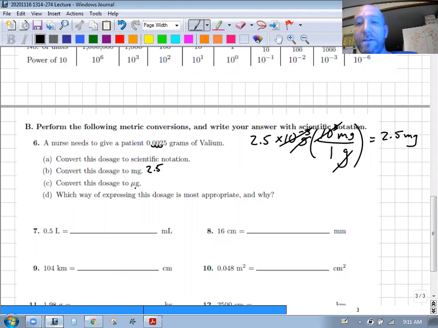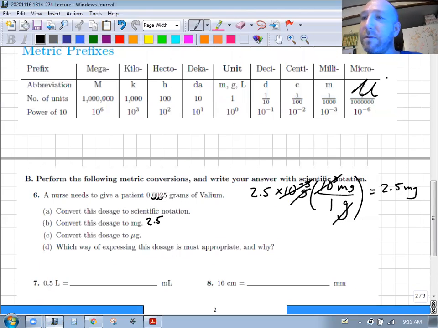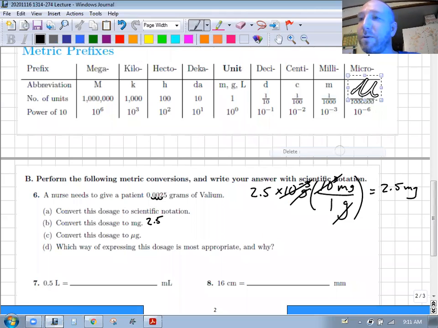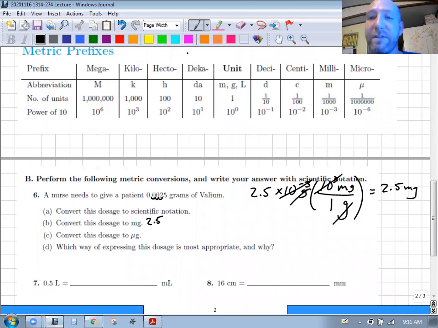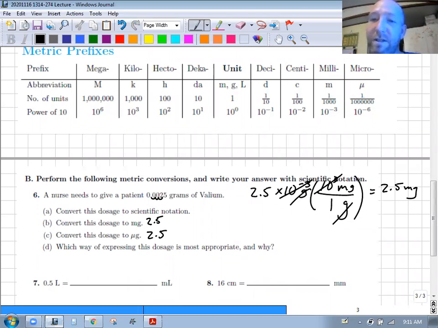Now convert it to micrograms. That's what this letter is called, mu. Micrograms, so 10 to the negative 6. So we have 2.5 times 10 to the negative third grams. Get rid of grams.